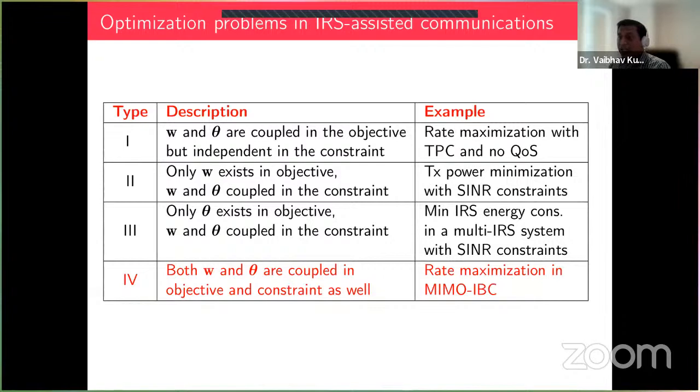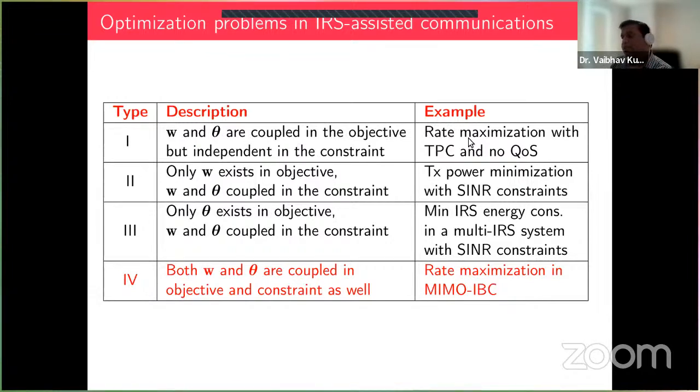If you see the channels, as we will see in some next slides, because of the channels from transmitter to IRS and IRS to receiver, there exists an inherent coupling between the transmit beamformer W and the IRS phase shift vector theta. In the first type of optimization problem, the transmit beamformer and IRS phase shift are coupled in the objective of the optimization problem, but they are independent in the constraint.